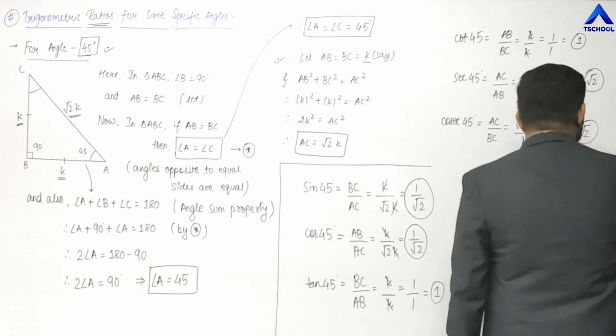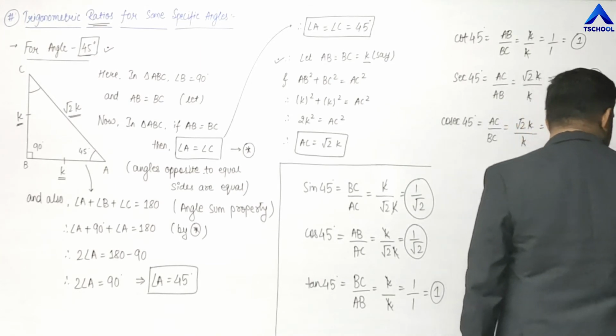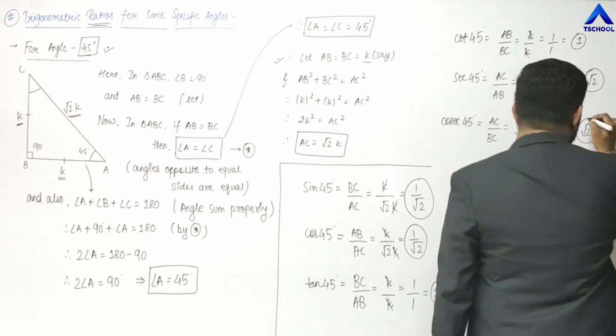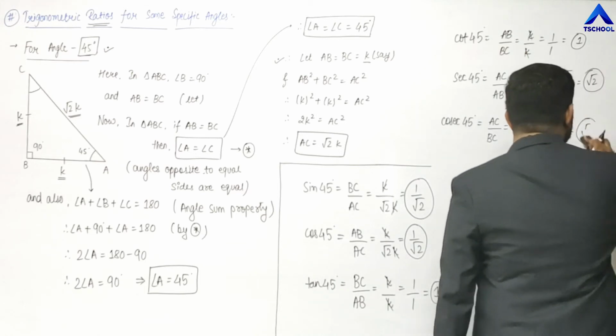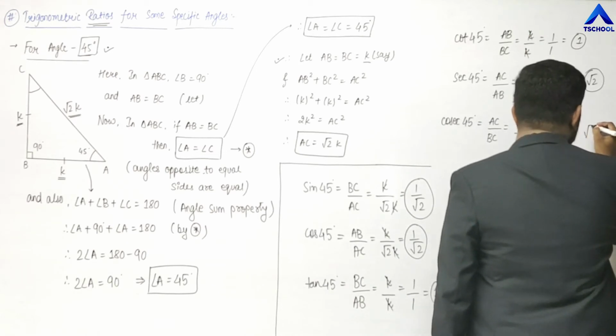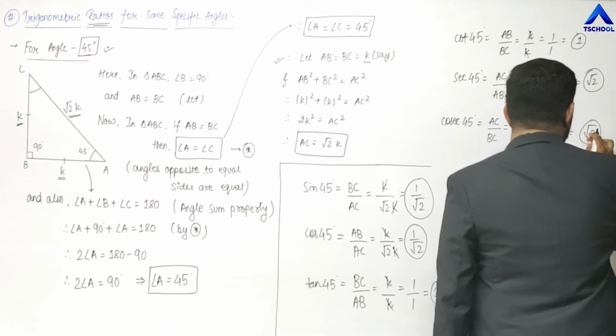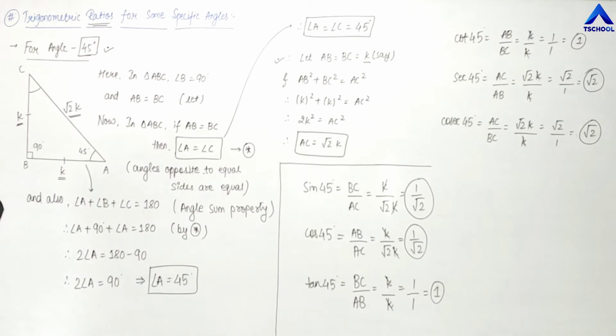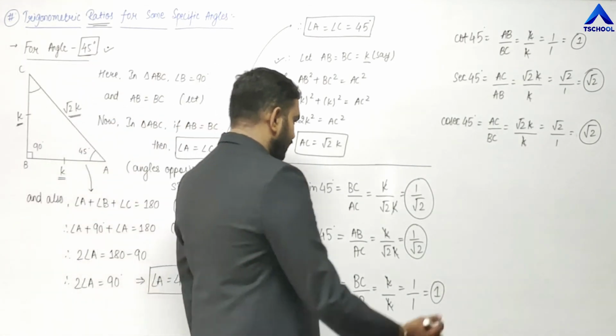So as I said, we will get similar patterns here, and I got one similar pattern, that the remaining two values are also equal. Sec 45 and cosec 45 are also equal.